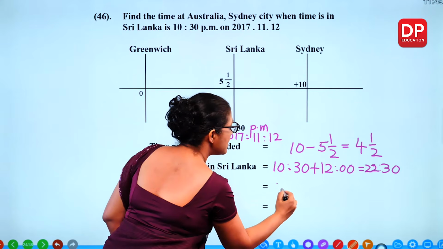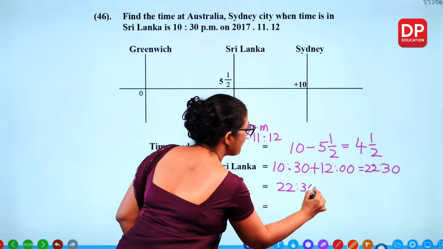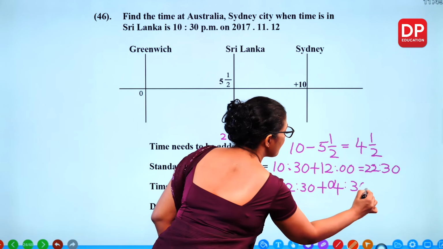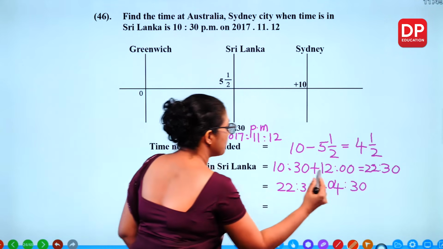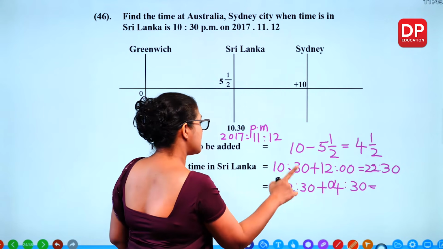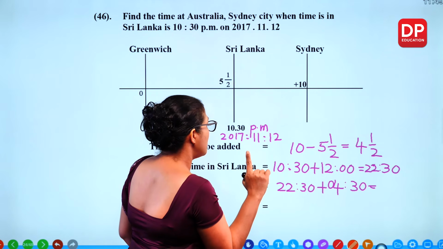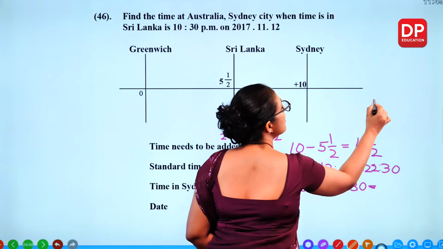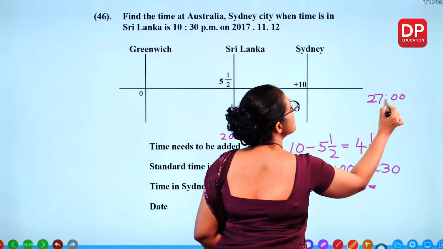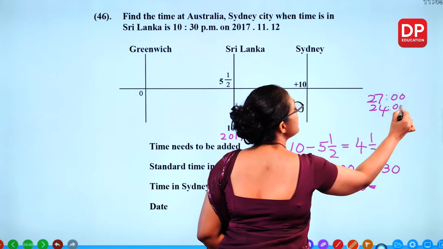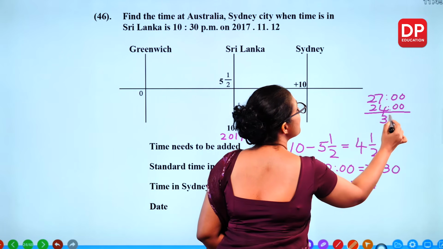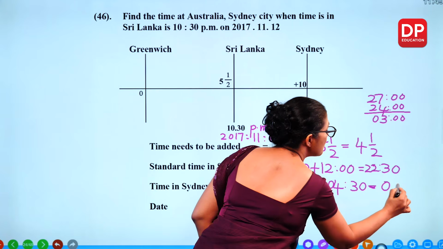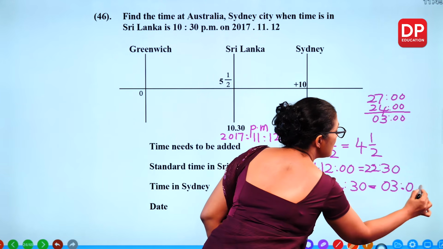So time in Sydney: 22:30 plus 4:30. So what's the time? When you add it, 27:00. Can you write 27? 27 means subtract 24 from that, you get 3. 3 in the morning.